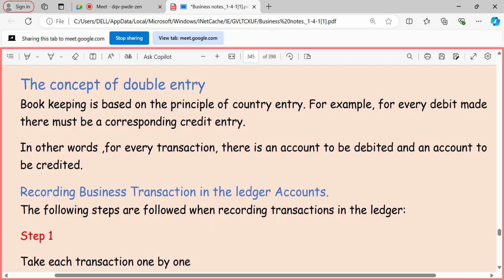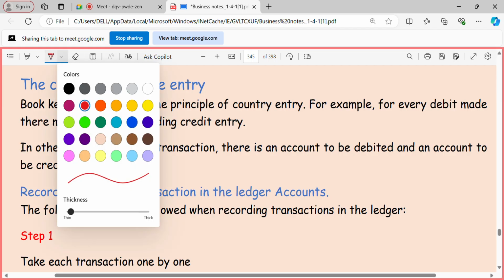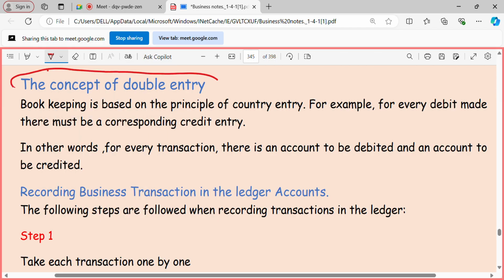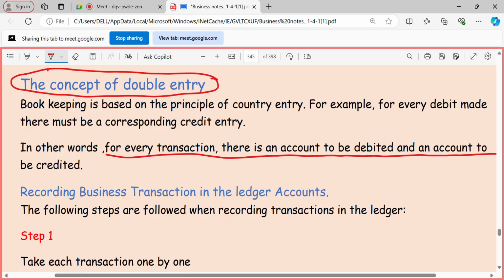So DEA ziki-increase zote you debit, LCR ziki-increase zote you credit. D for drawings, E for expenses, A for assets, L for liability, C for capital, R for revenue. Now ziki-decrease utafanya the vice versa.